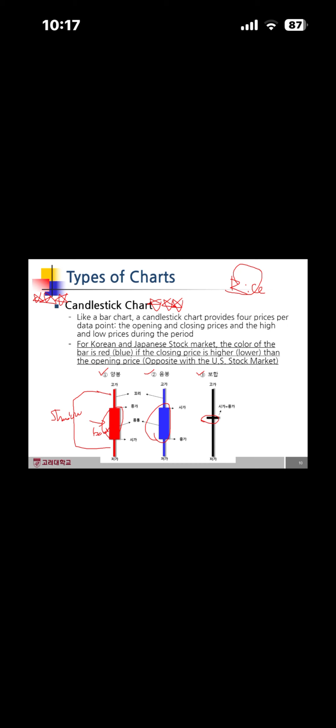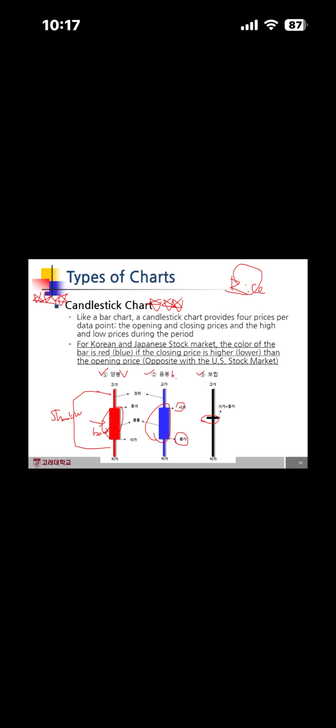If the closing price is higher than the opening price, the candle is usually red in Asian markets. And if the closing price is lower than the opening price, the candle is usually colored blue in Asian markets.